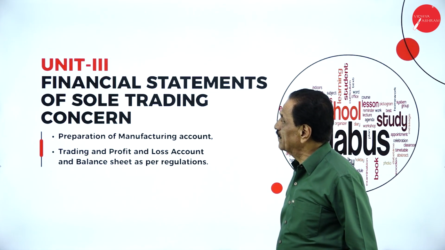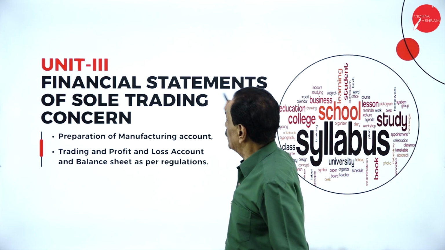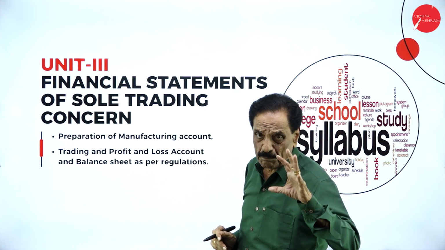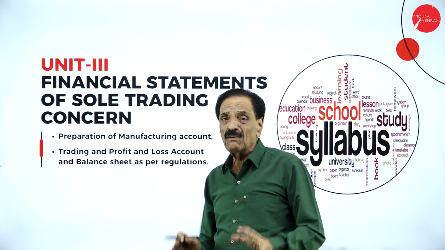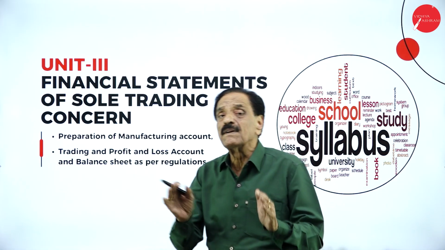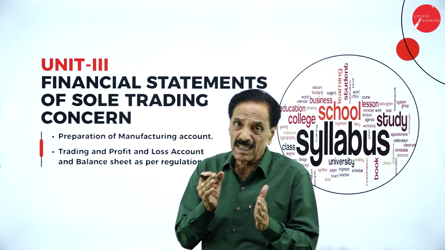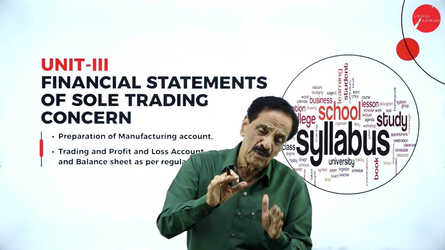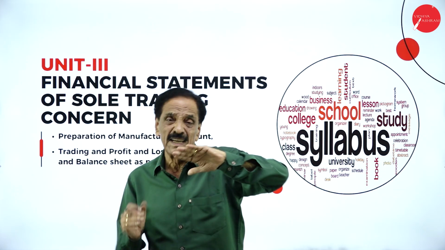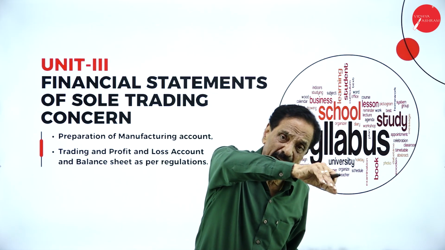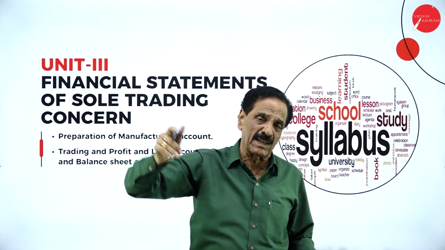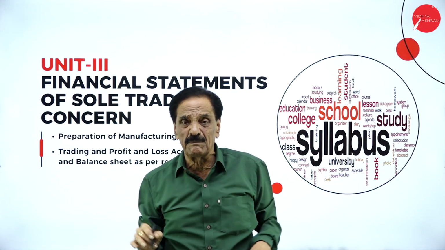Then in unit 3, financial statement of sole trading concern. So we are going to prepare the final accounts of an individual. Here we are going to prepare trading account, profit and loss account, and a balance sheet. So first we have the journal entry to ledger, ledger to trial balance to final account. This is actually the business cycle.